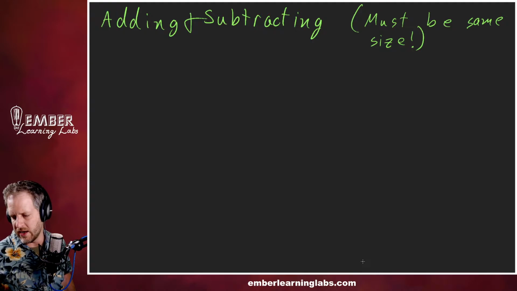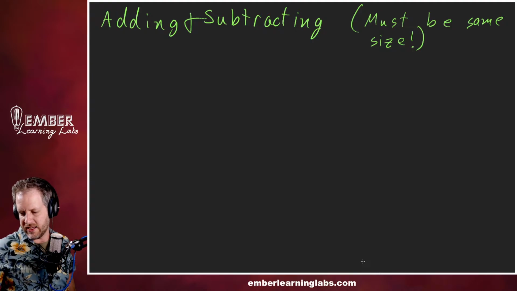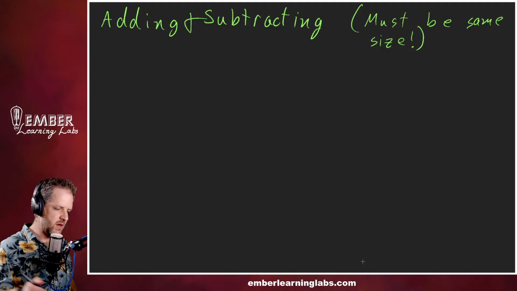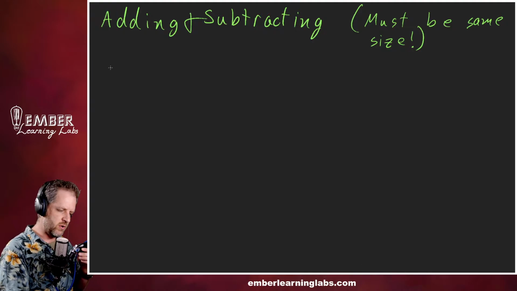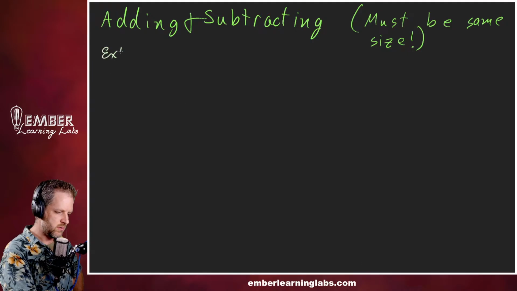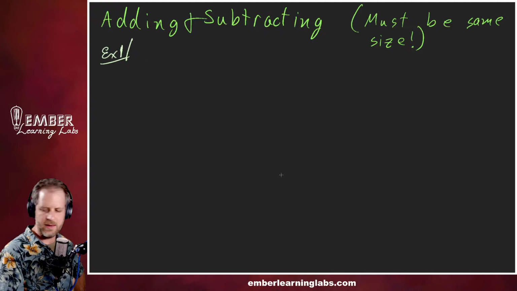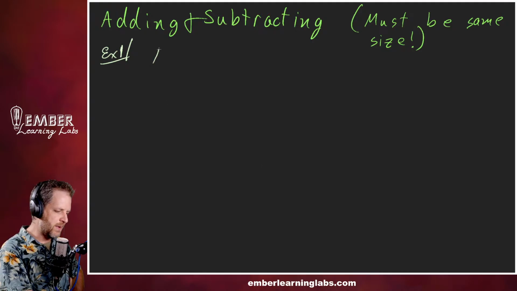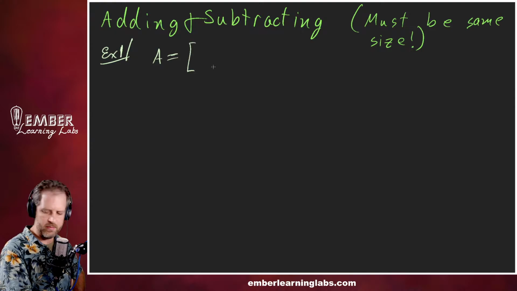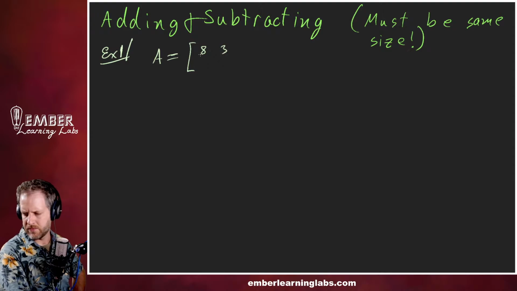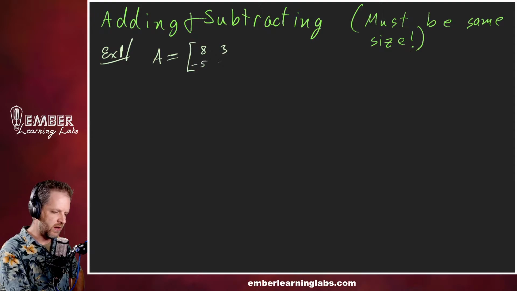So we're going to jump in and look at an example. Example 1. If we have the matrix A as this matrix, 8, 3, -5, 14.